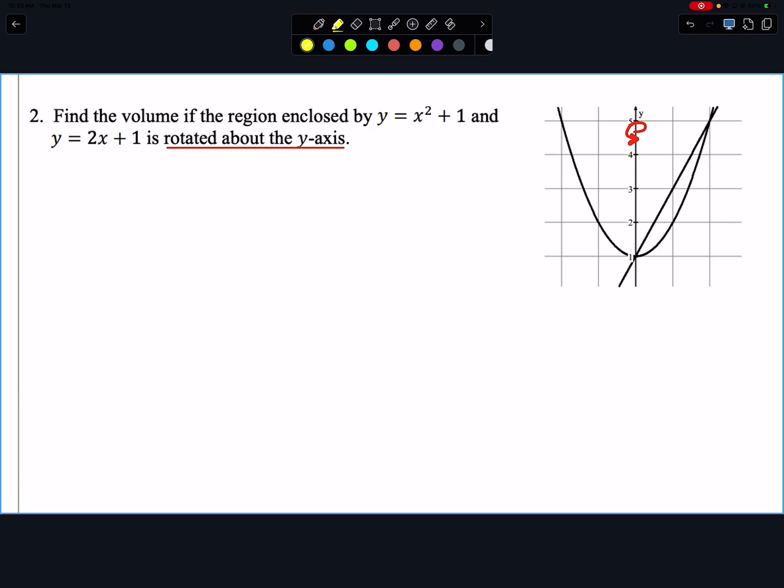So this is my region. What's nice is this is already mirrored on the other side, so I'm going to try to mirror the line as best as I can. So maybe something like that.